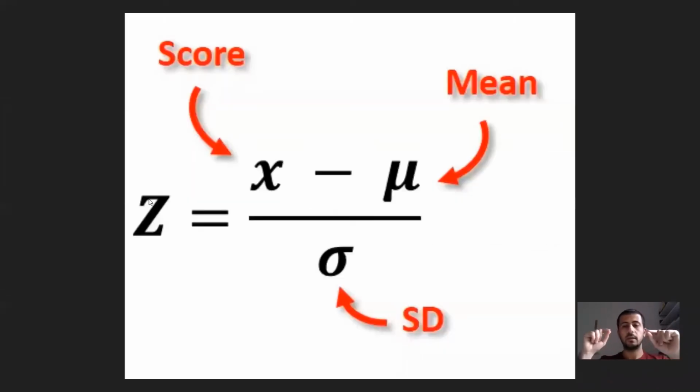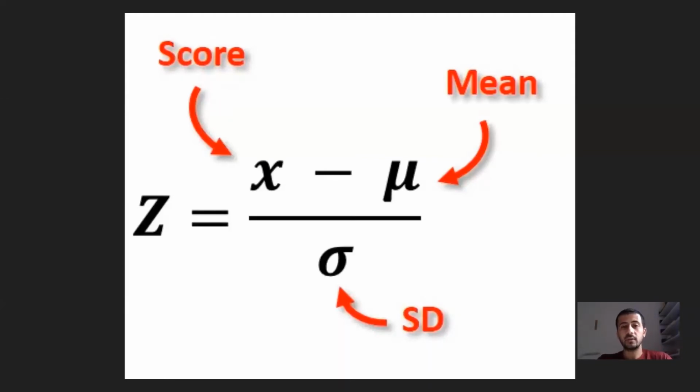But how can I benefit from this score? As you remember, when I have a Z score of lower than 1, then I know that this value is really close to the mean. So it is lower than 1 standard deviation from the mean, so it's included in the 67%, the central category.